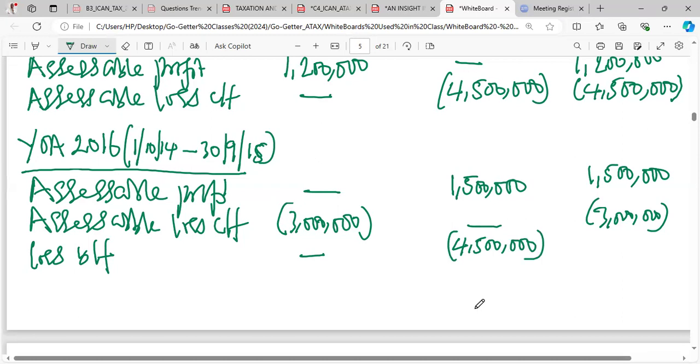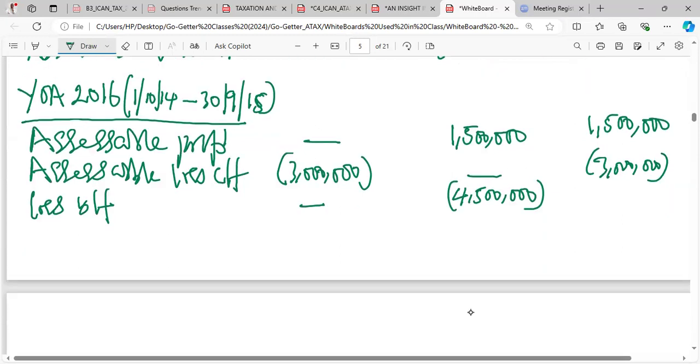So what will happen now? Loss carried forward. So you see now, we use logic. You have a profit of 1.5 and you have a loss of 4.5. If you use your profit of 1.5 to settle part of the loss, 4.5, how much loss will you carry forward? You will carry forward 3 million.